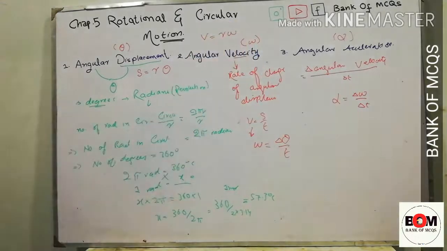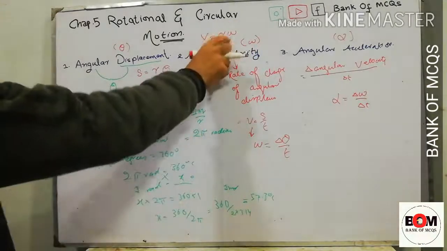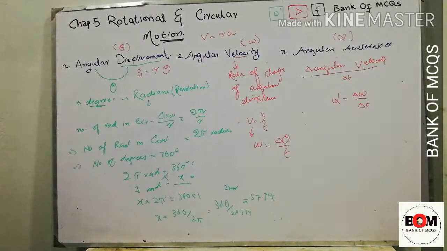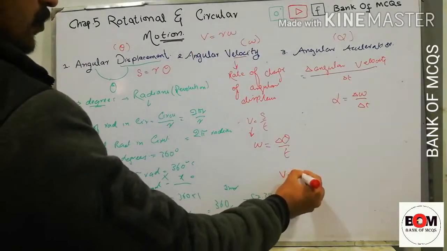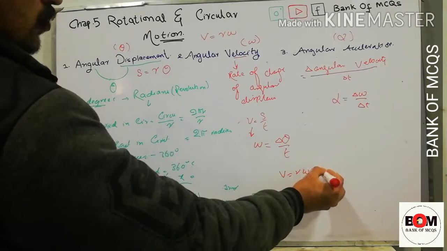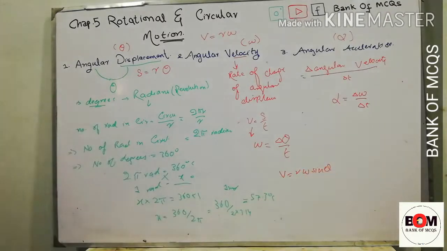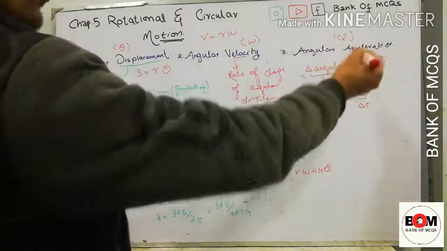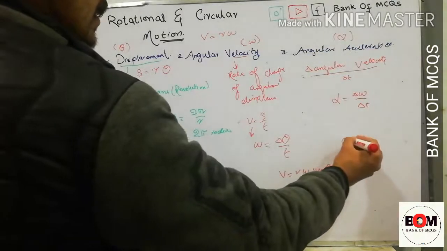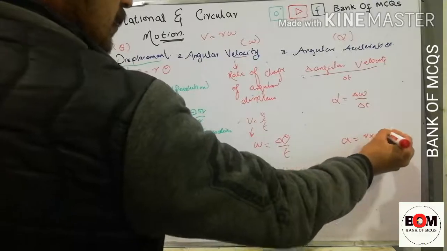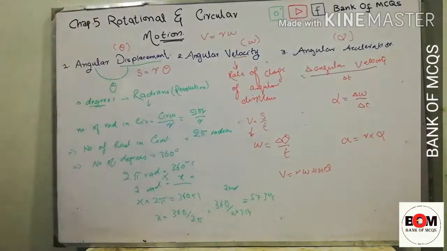Now the relation between linear and angular velocity: this is linear, this is angular, just multiply angular by r. v is equal to r omega. This is the special case where the angle is equal to 90 degrees. If the angle is not 90 degrees, then we will use v is equal to r omega sine theta. Now the relation between angular and linear acceleration is: linear acceleration is equal to radius multiplied by angular acceleration.